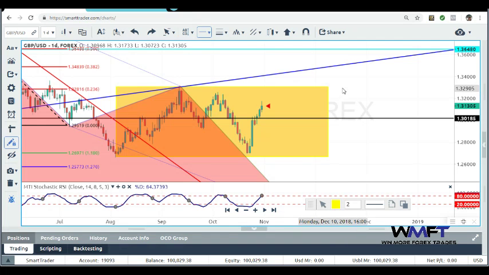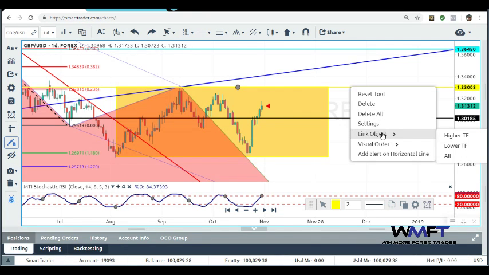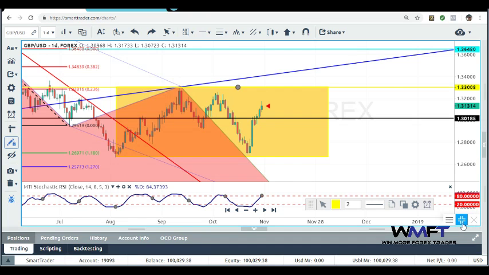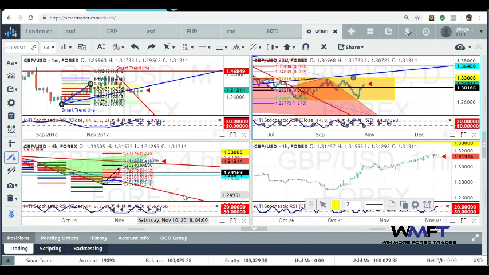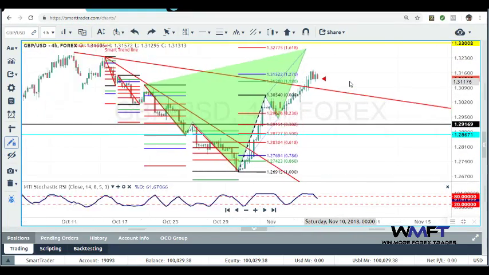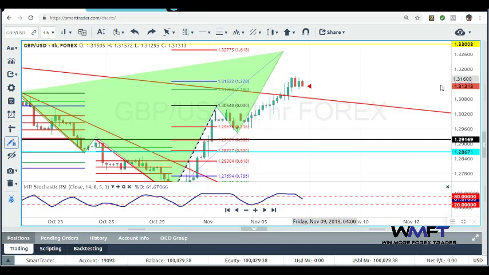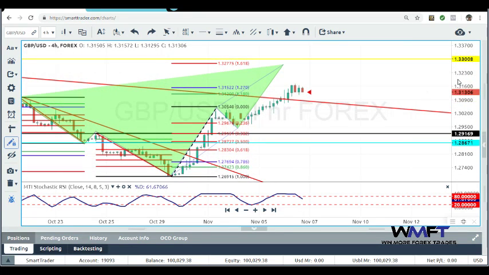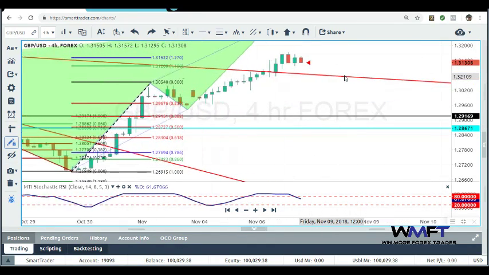We will link this horizontal line to the lower time frame and see if that lines up with this extension. Okay, as you can see, now we do have a convergence here. We have a convergence with this 618 extension being at the level of that consolidation range on the daily. So this is a great buying opportunity.